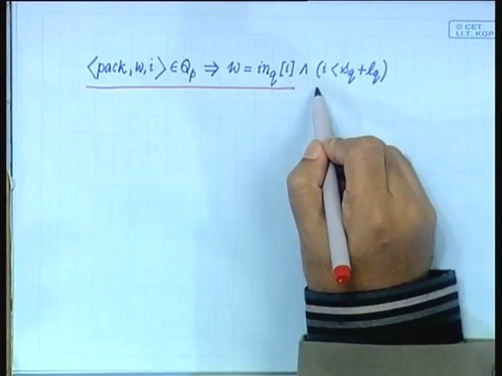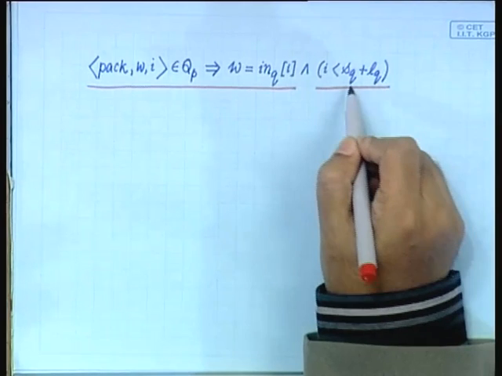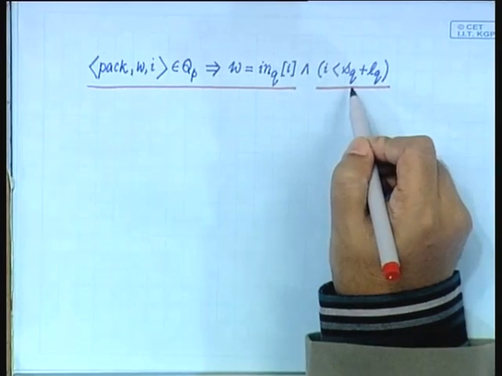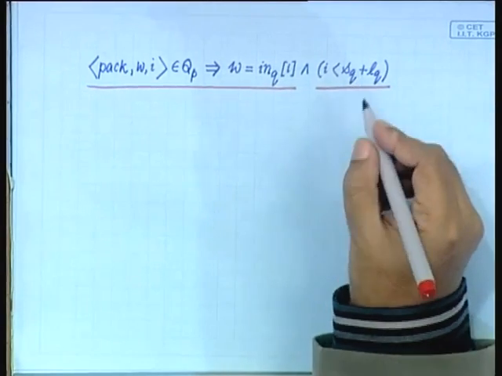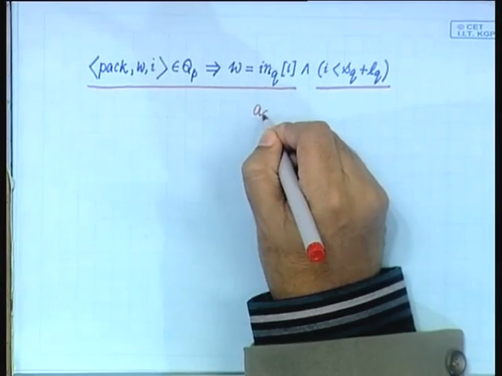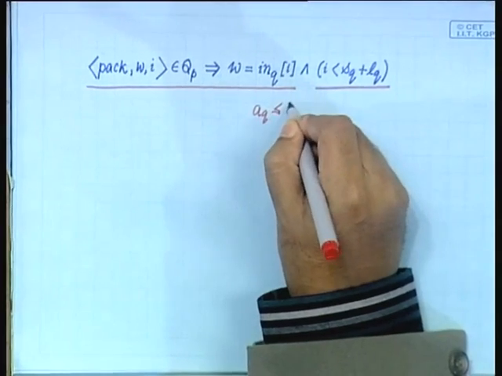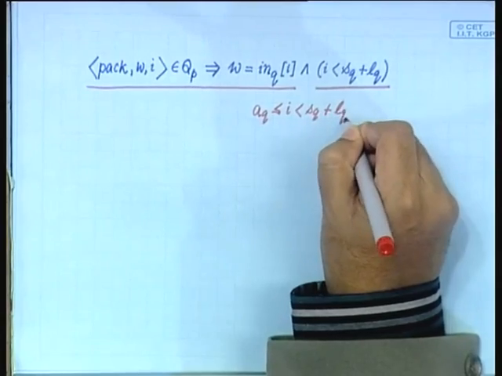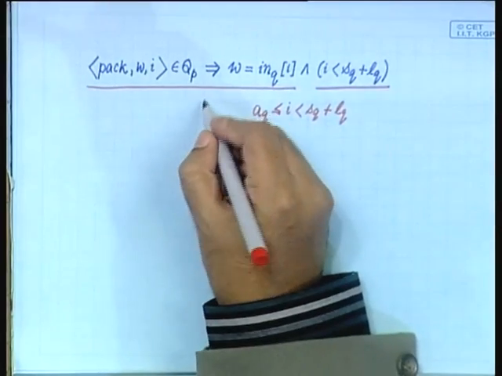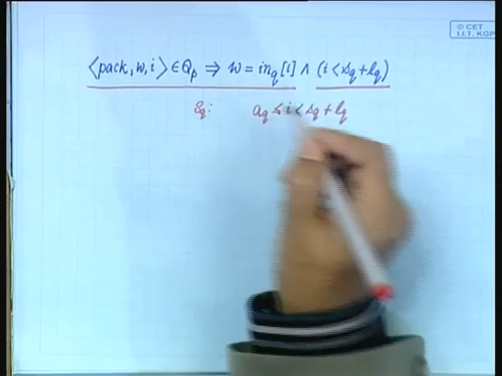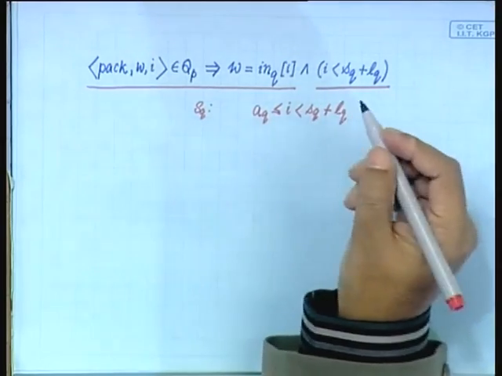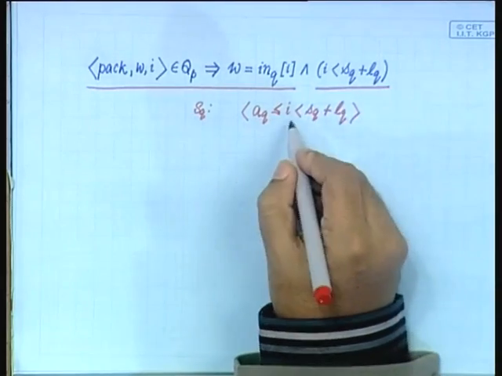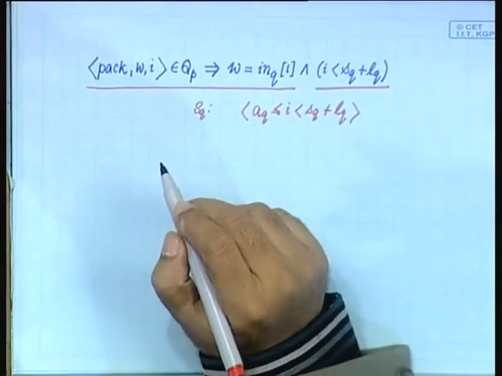This part is also obvious because Q only sends packets which are in the range of AQ less than or equal to I less than SQ plus LQ. So, you will see that for the SQ action in Q, if this holds, then only the packet I is copied into the queue.